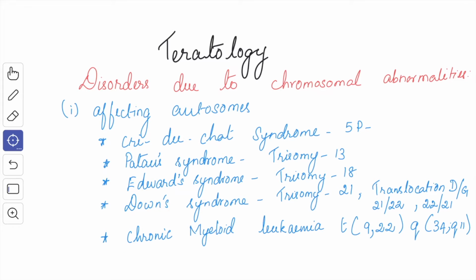Next you have chronic myeloid leukemia, which is due to the translocation of 9 and 22, q is the long arm, 9q34 and 22q11.